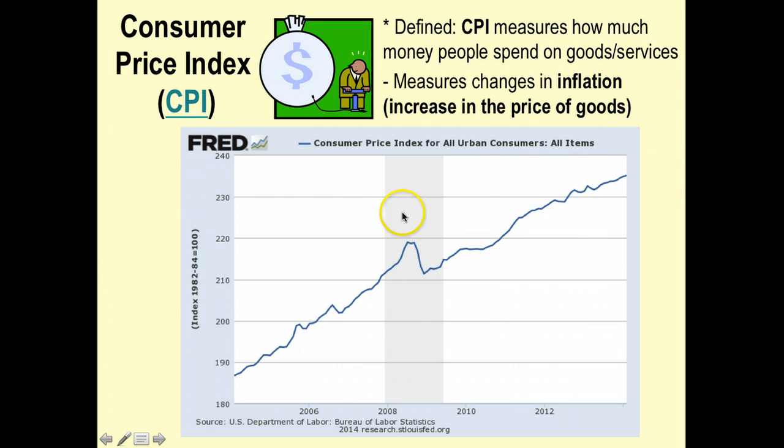All right, you'll notice once again we have data measuring the CPI from 2004 all the way up to 2014. In this gray area, you'll notice what is happening to the CPI right here. It was going up and then a sharp decline.